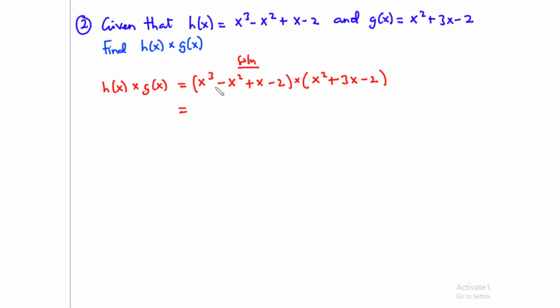So we pick one term from h of x, and then we multiply across g of x.